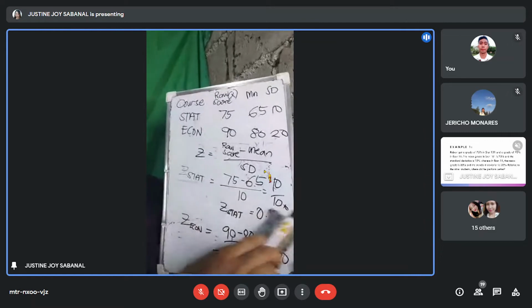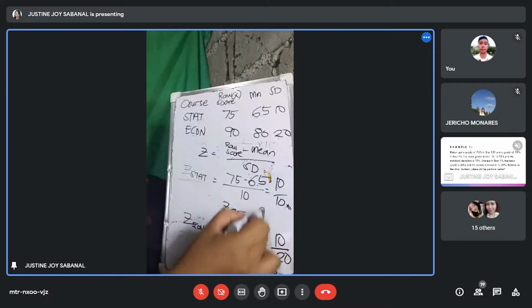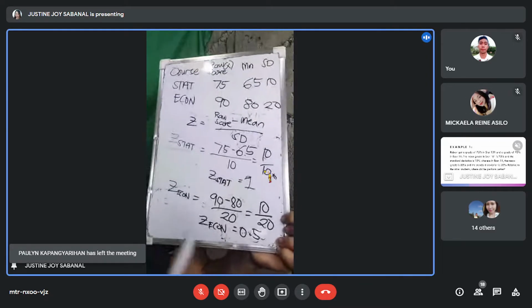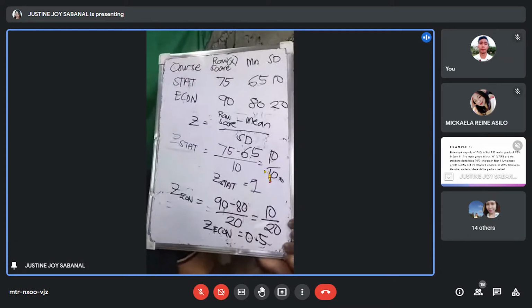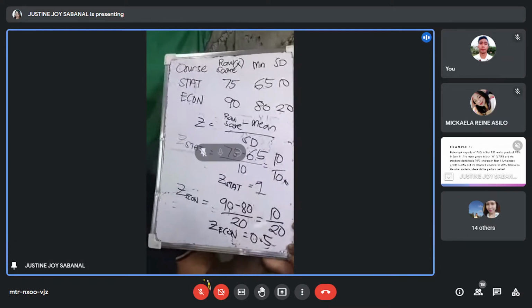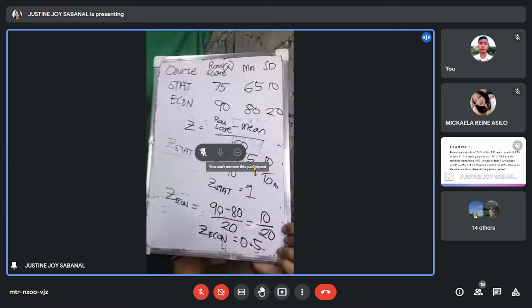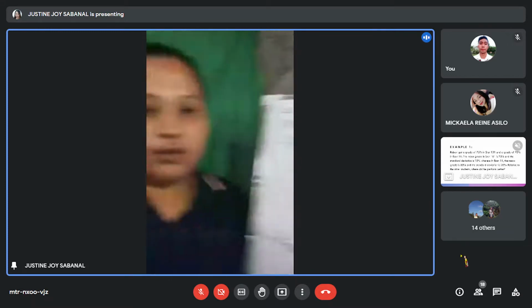So, ang z-score na natin for stat is 1. So, ngayon, kung ganyan yung value sa stat ay 1, sa econ ay 0.5, saan mas nag-perform na maganda si Robert relative to other students? Okay. Sa statistics na.